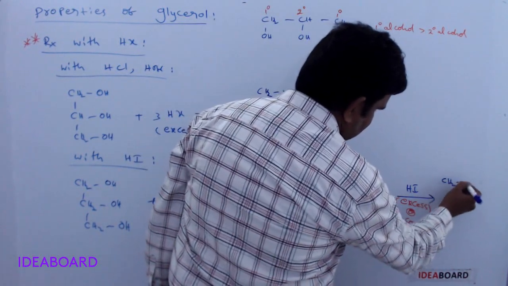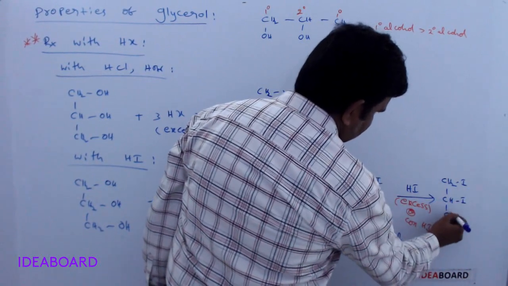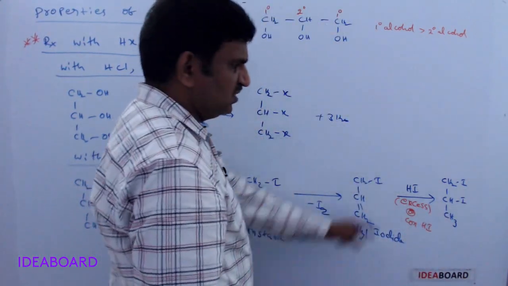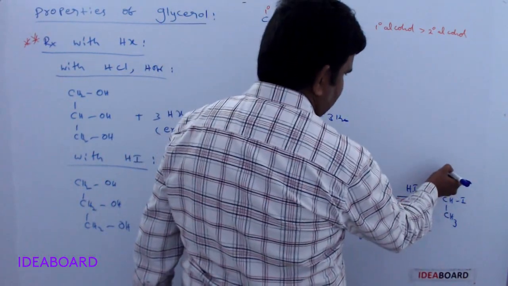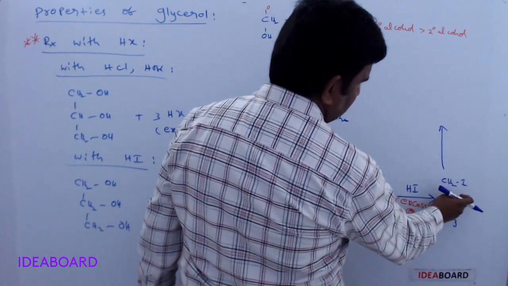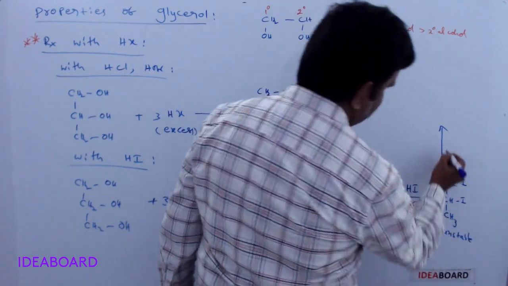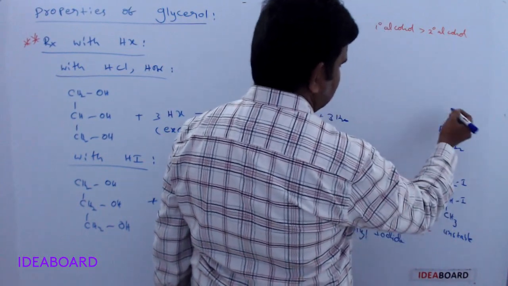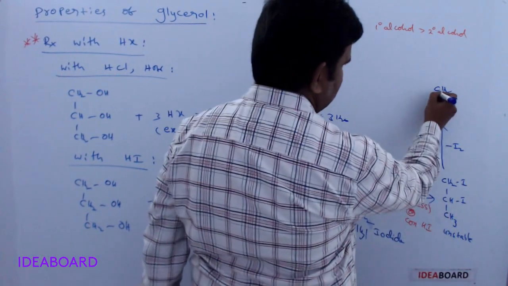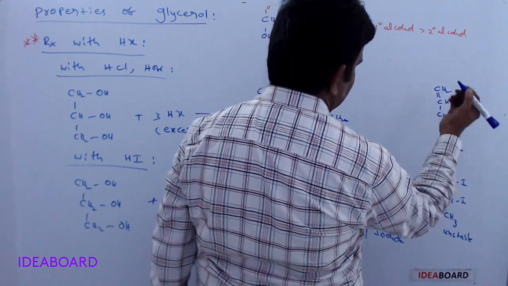So CH2I, CHI and CH3 is formed. That is diiodopropane, but this is also unstable because the two iodine atoms are adjacent. So it immediately releases iodine, forming a double bond, and you will get CH2 double bond CH and CH3.